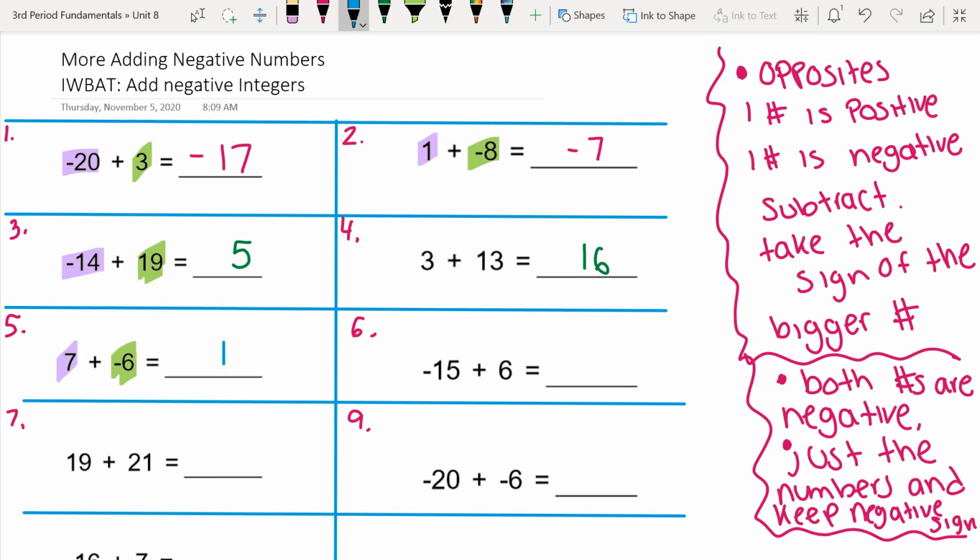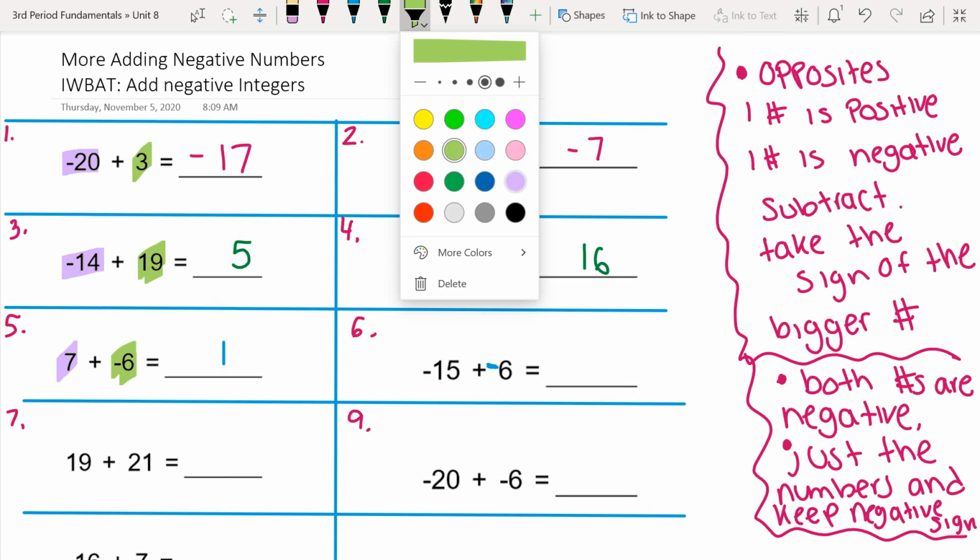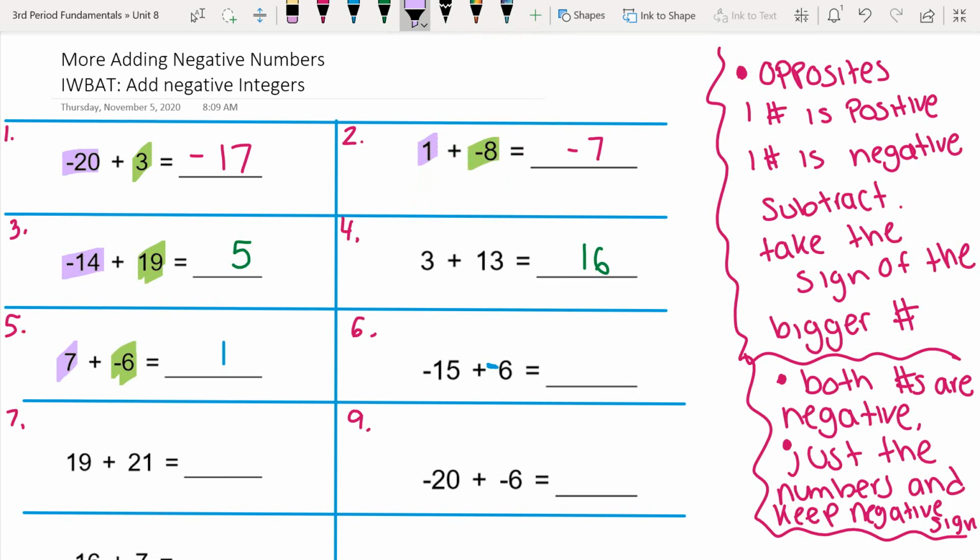All right, question 6. I'm going to change it a little bit. I'm going to change this to say negative 15 plus negative 6. I want to show you an example of when both of them are negatives. So first number is negative 15. Second number, negative 6, because I changed it.